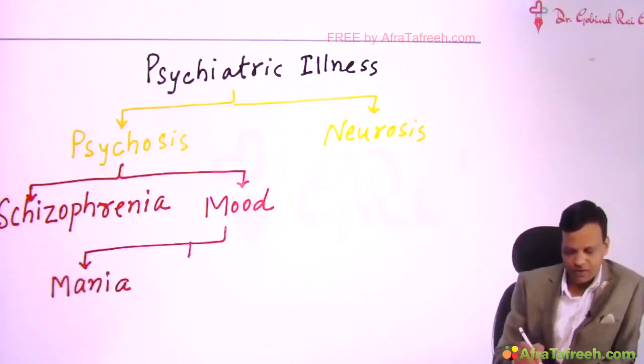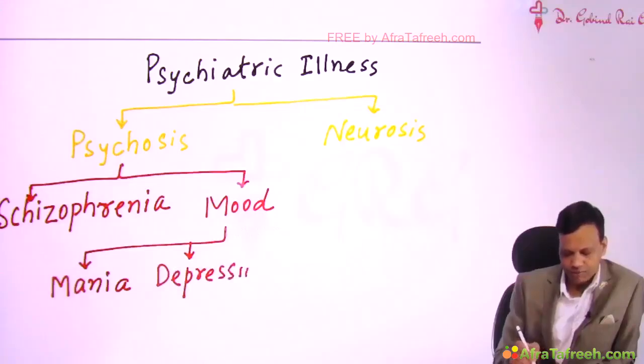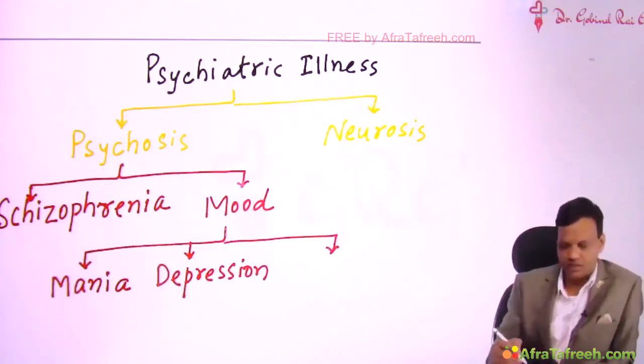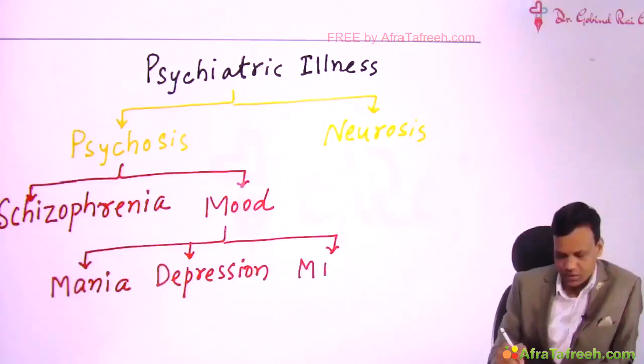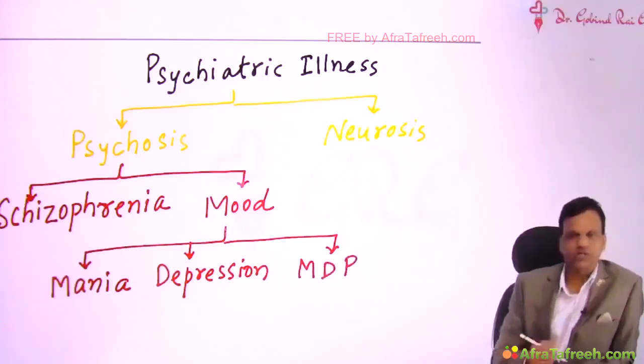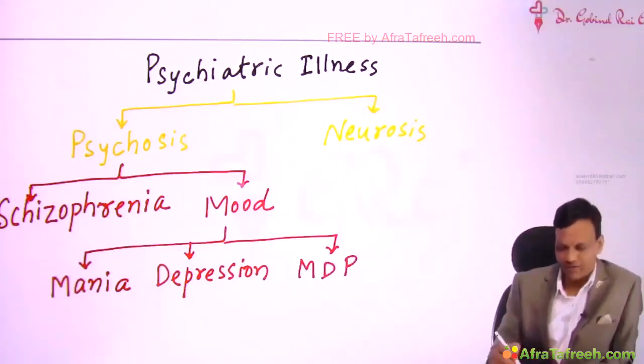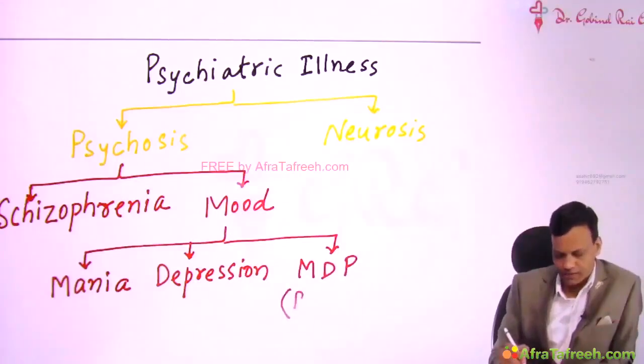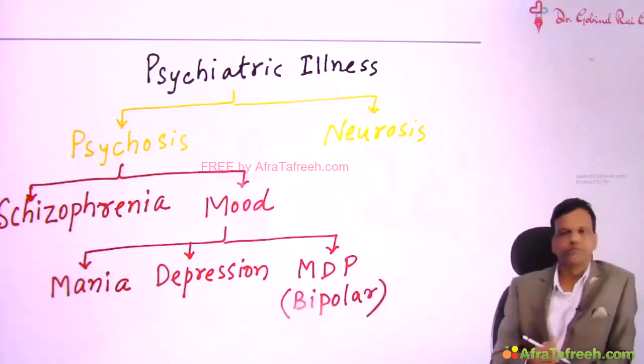The patient may have depressed mood, which is called depression, or the patient is alternating between the two, sometimes in mania, sometimes in depression. That is called manic depressive psychosis. Because the person is having both the poles in life, it is also called bipolar disorder.